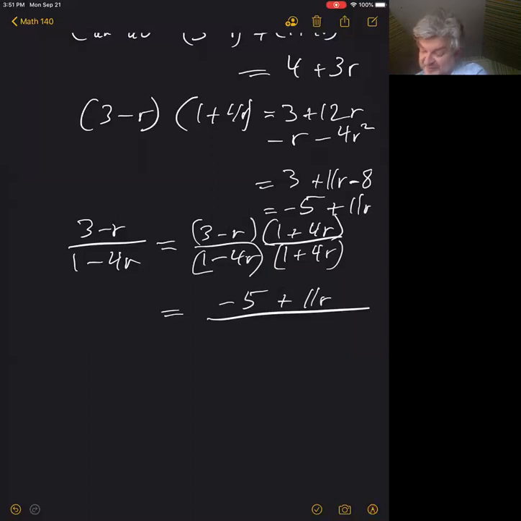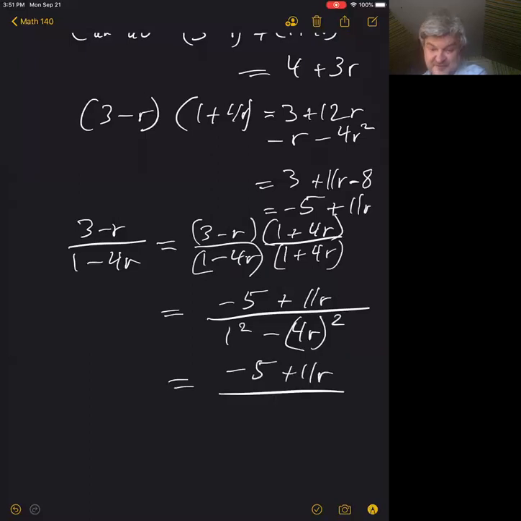And in the denominator, I see this pattern which leads to a difference of squares. So this is going to be 1 squared minus the quantity 4R squared. And 4R squared, the quantity 4R squared means both 4 and the R get squared. So I end up with 16 times 2, which is 32.